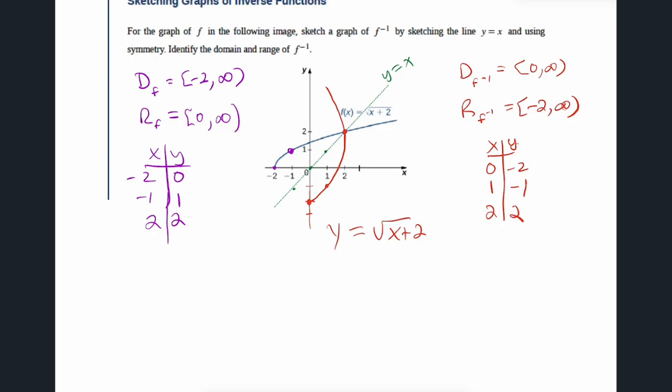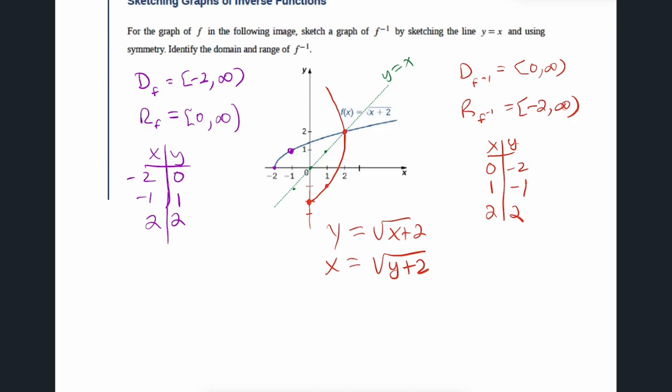Let's switch the x and y. We have to solve for the new y and get it by itself. Can somebody tell me what step I should take? How can I get to that y there?